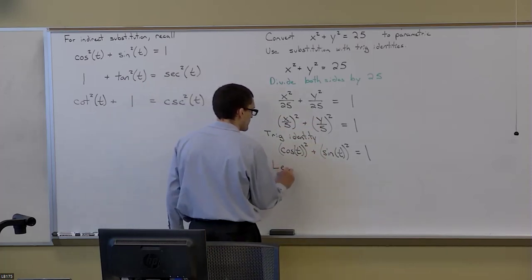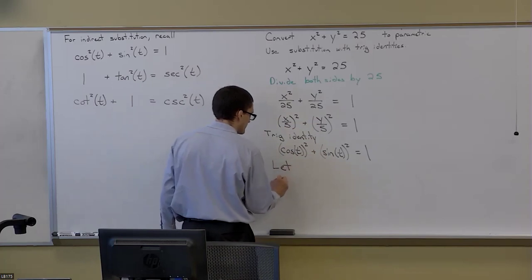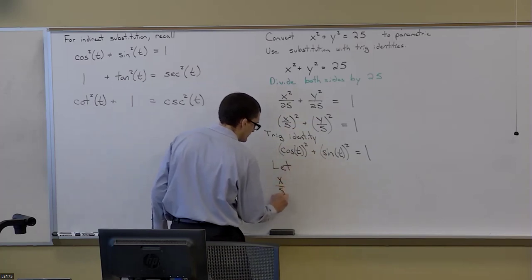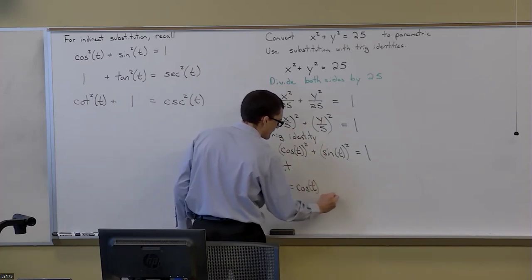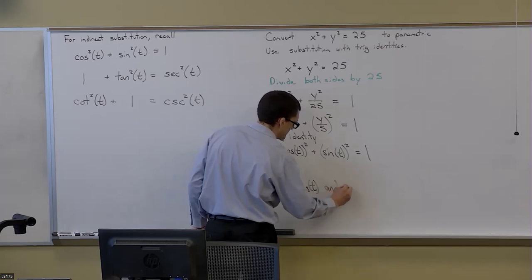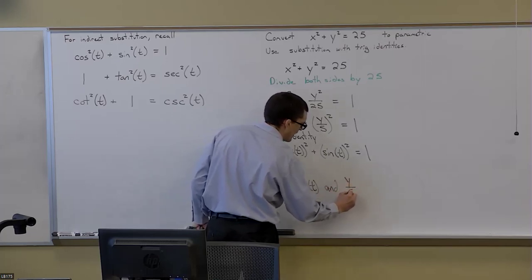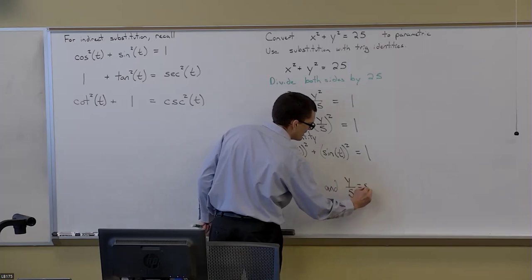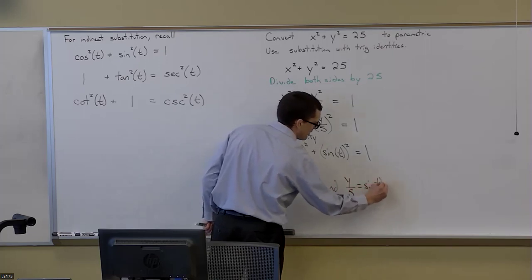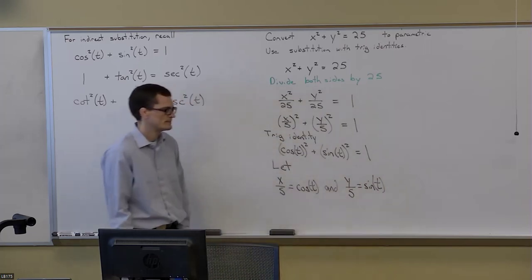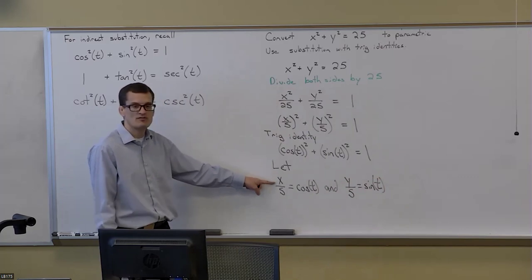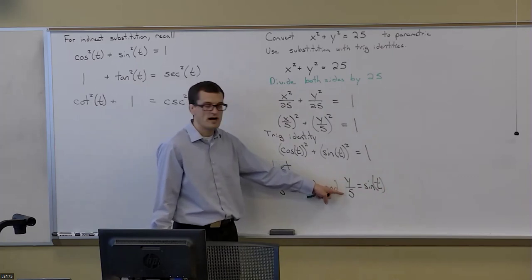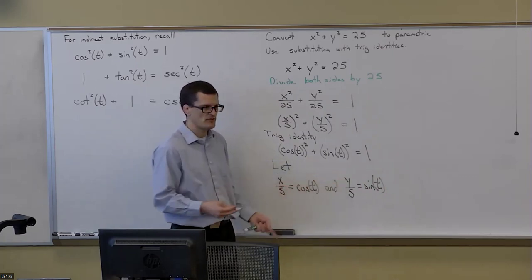So we simply let x over 5 be equal to cosine of t, and at the same time, y over 5 we set equal to sine of t. This I can solve for x in a very efficient way, and this I can solve for y in a very efficient way. Just multiply both sides by 5 in each.